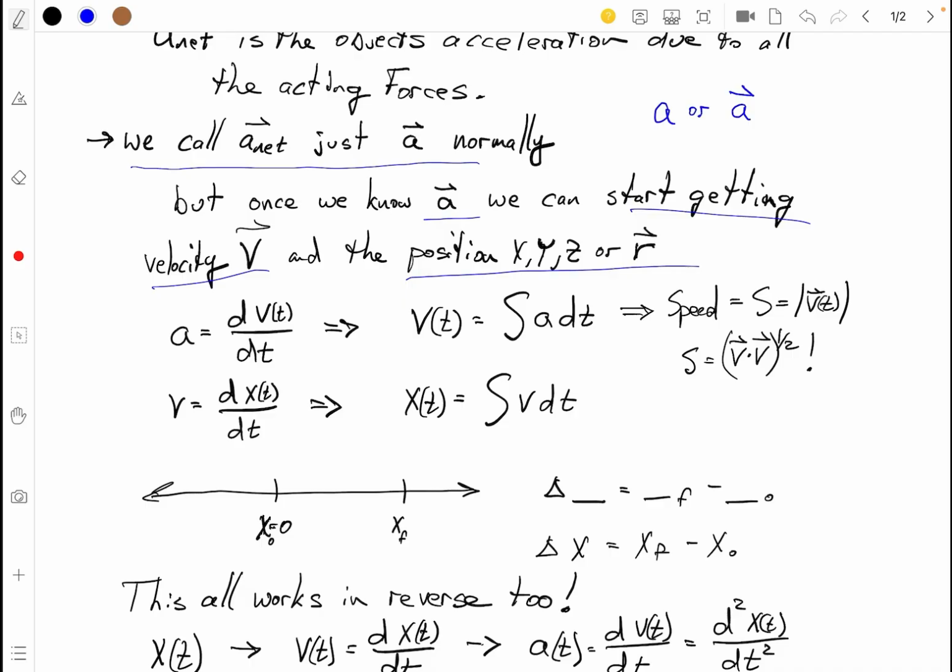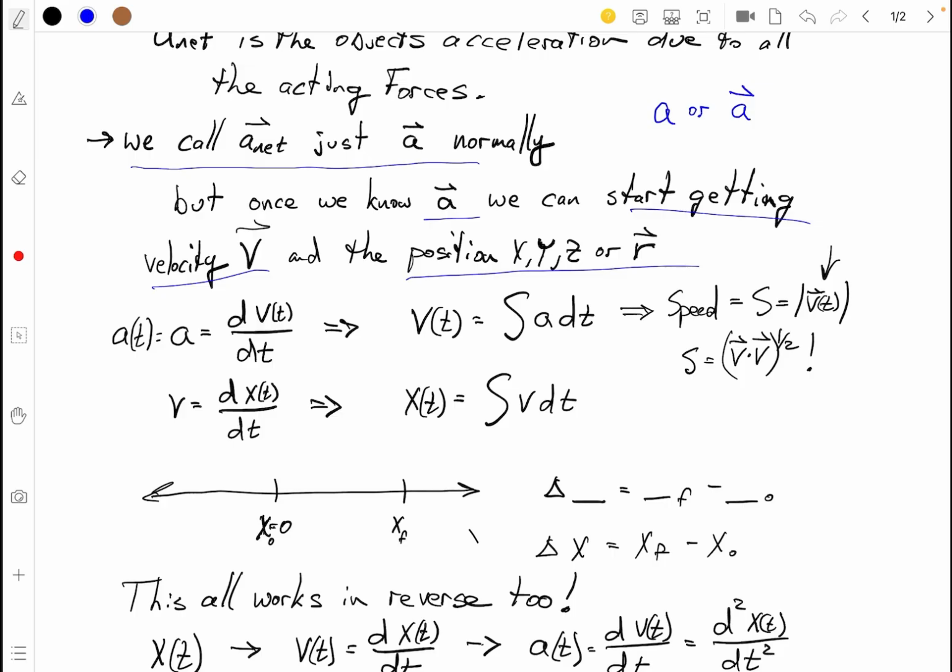Now this is instantaneous acceleration, and that's A of t. That leads us to V of t. If we take the integral of A of t with respect to t, we're going to get our V of t. And then we can get the speed from that V of t. We put V of t in here, and we can get our speed.